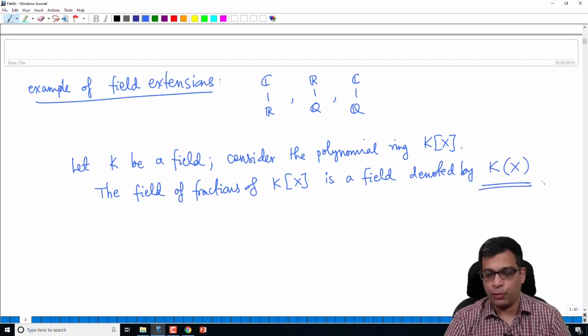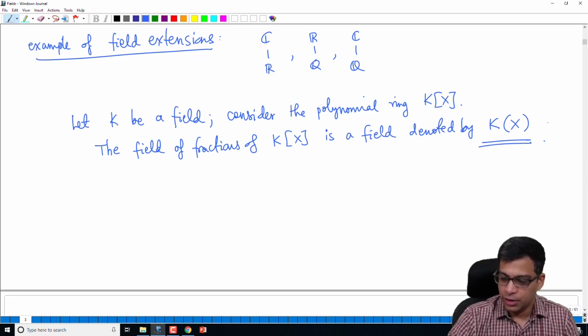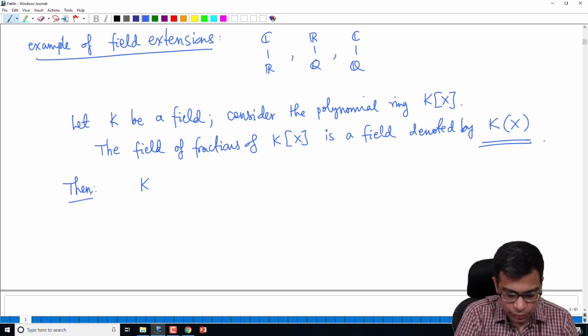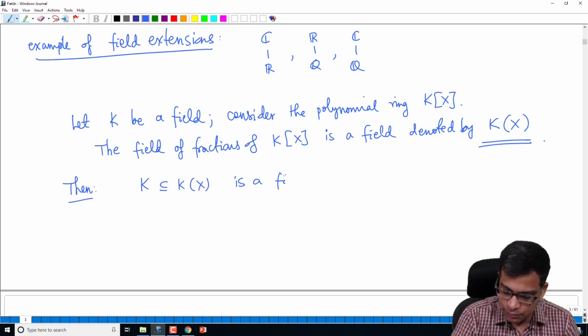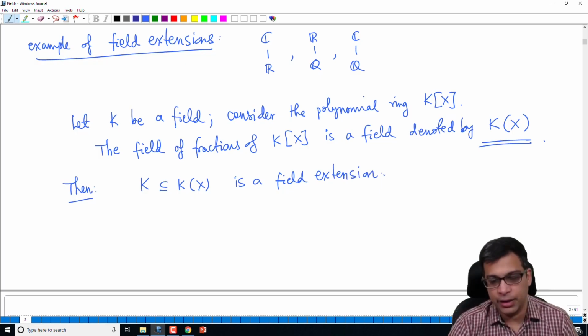Okay, so K[x] is the polynomial ring, K(x) is its quotient field. So this is called a function field. So then of course this is a field extension, right? So this applies for any field K.